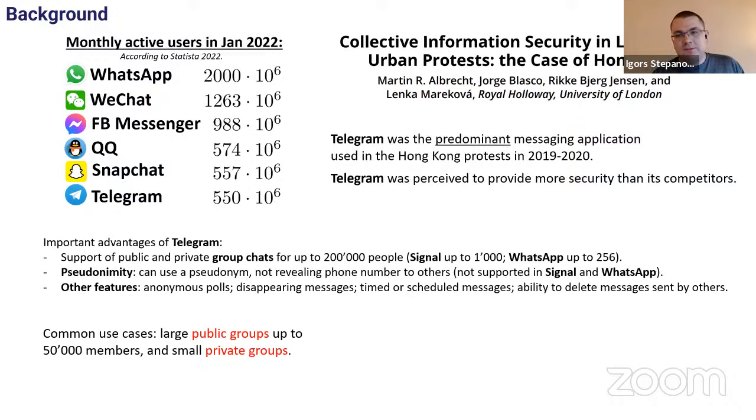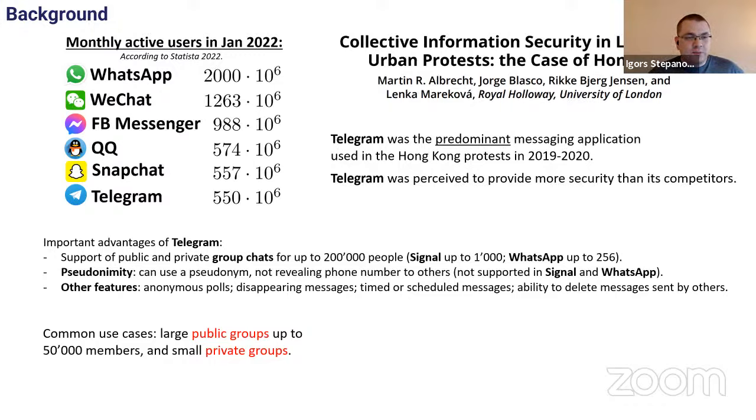The important advantages of Telegram, according to the protesters in Hong Kong, are the support of public and private group chats up to 200,000 people, whereas in Signal you have group chats up to at most 1,000. WhatsApp supports 256.